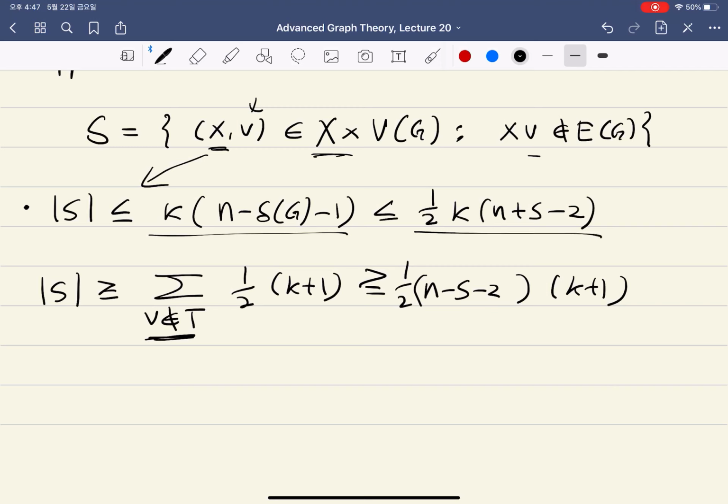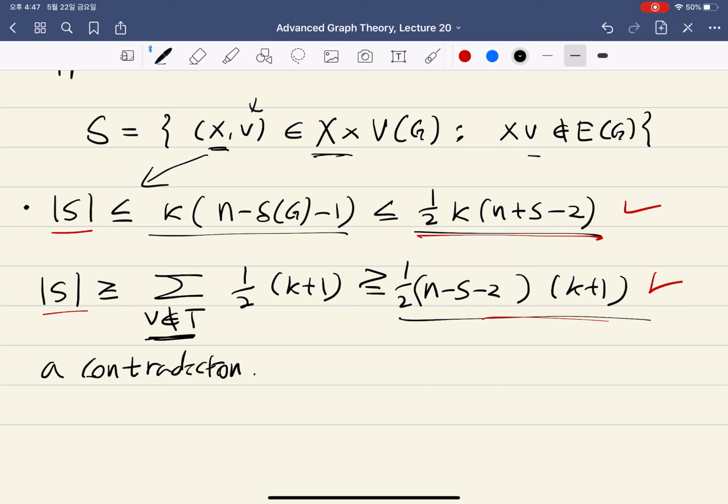So you compare these two, and you get that this is bigger than this. So S is smaller than that, but S is bigger than that, which is a contradiction. So this proves this lemma.